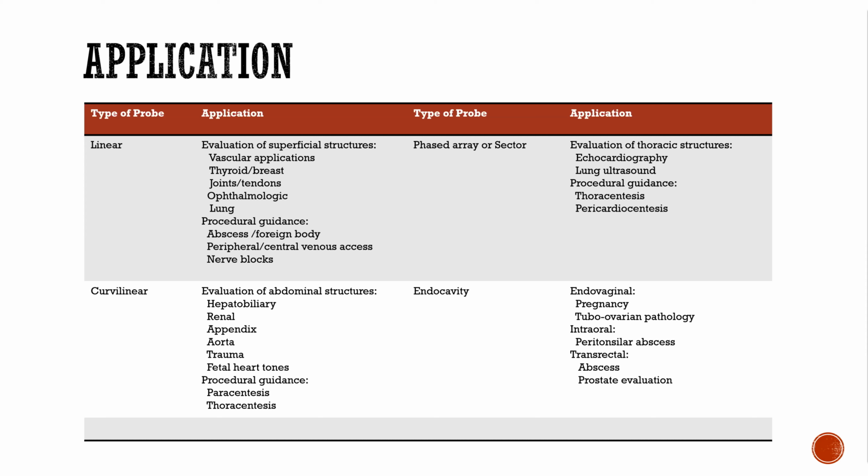It's used for looking at thoracic structures in the chest, mostly because our chest area is kind of curved, and so it helps to get better imaging. And then we have our endocavities. These are usually the longer probes, or the ones that almost look more scope-like in appearance, that are used for looking at internal structures.